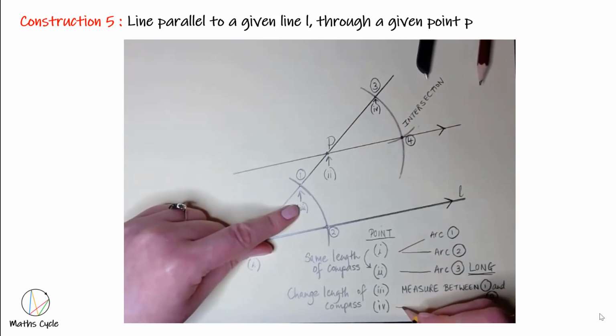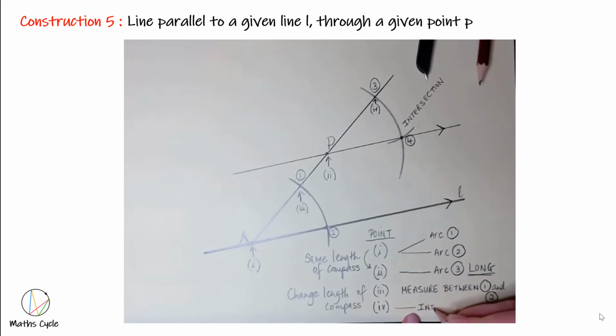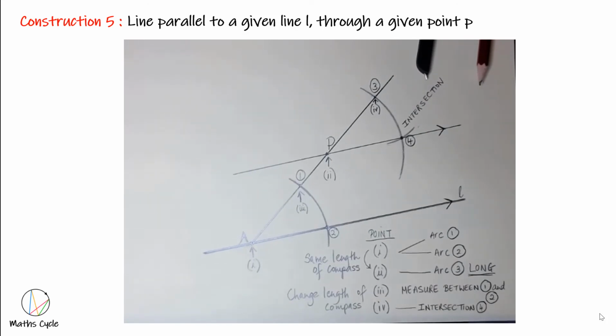So that's where you make the intersection at the point 4. Very complicated altogether.